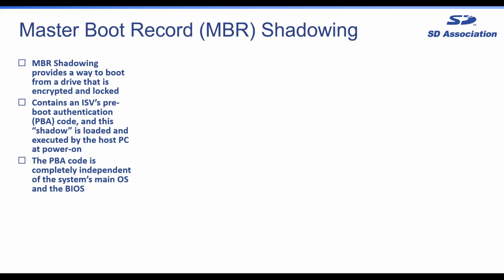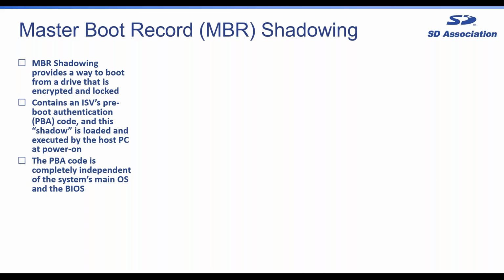If the device is locked while it's powered off, we need access to the boot record once the power is enabled. So the TCG specification defined a new feature called master boot record shadowing, which provides a way to boot from a drive that is encrypted and locked.